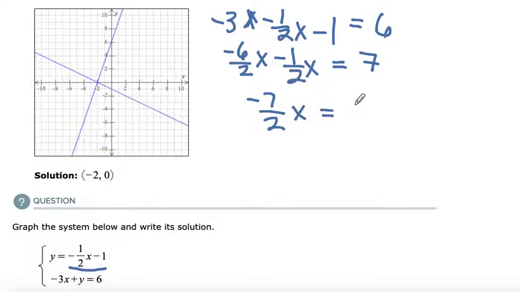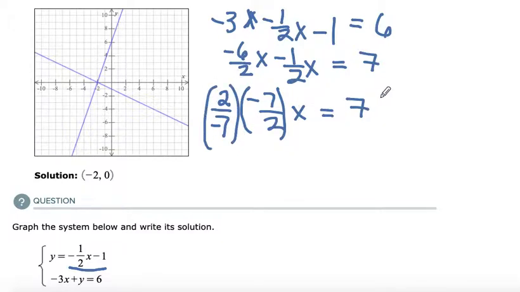Now we don't care what negative 7/2 x is. What we want to find out is what x is. And in order to get a 1 in front of the x, all we need to do is multiply by the reciprocal on both sides. What we do to one side, we always do to the other side. So now 2 times negative 7 is negative 14, and same with the denominator, that's negative 14.